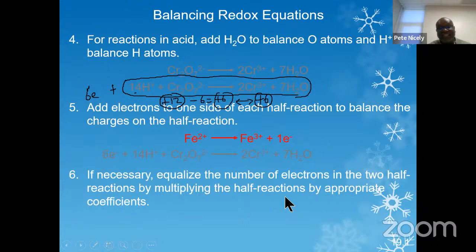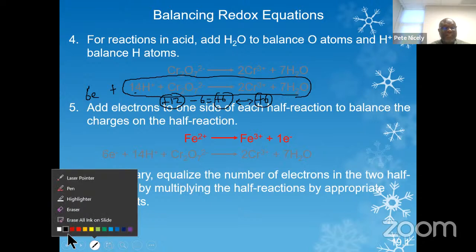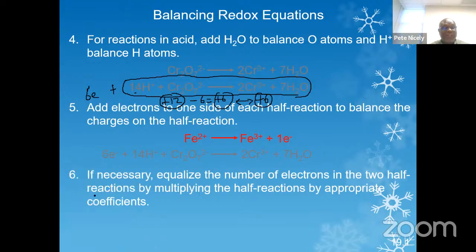In this particular case, we have 1 electron shown here to be lost, and we have 6 electrons here, which are gained, right? So the question now becomes, how do we ensure that the number of electrons lost and gained are the same? As stated here in step number 6, what we need to do is multiply one or both equations by certain coefficients.